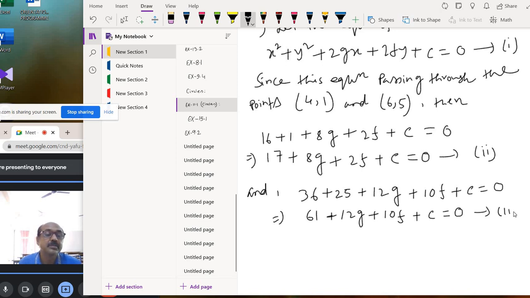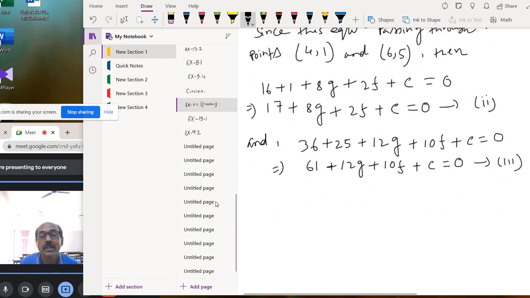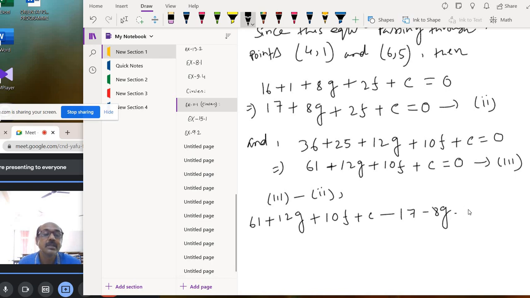Equation number 3. Now equation 3 minus equation 2, then c will be cancelled. Equation 3 is 61 plus 12g plus 10f plus c, minus equation 2, which is 17 plus 8g plus 2f plus c equal to 0.